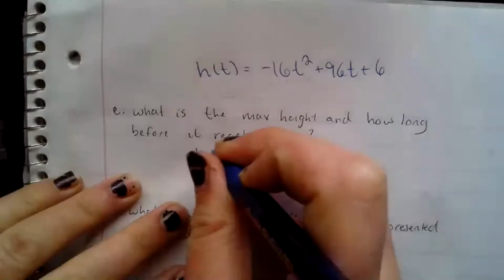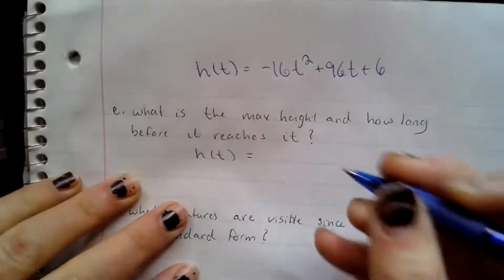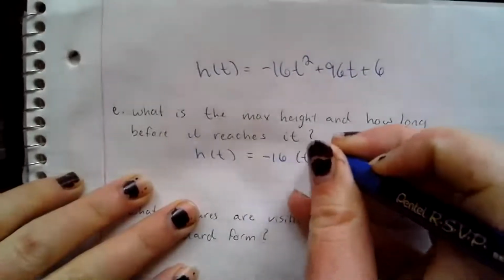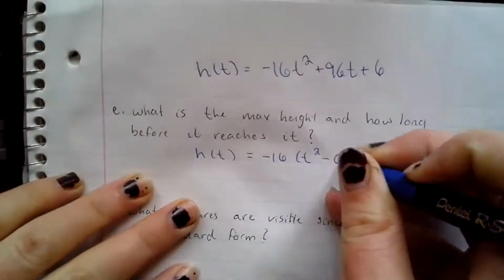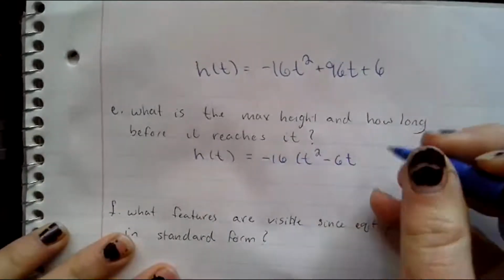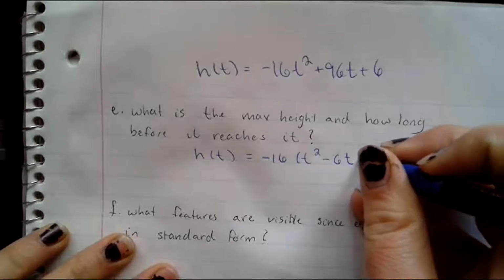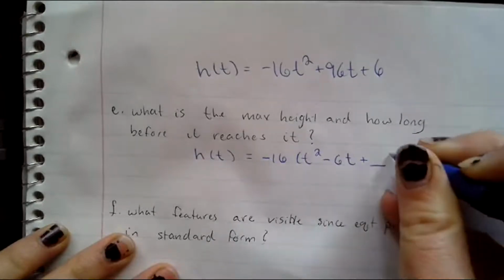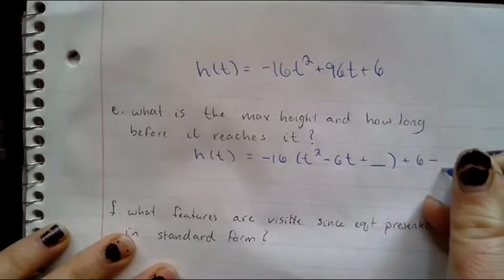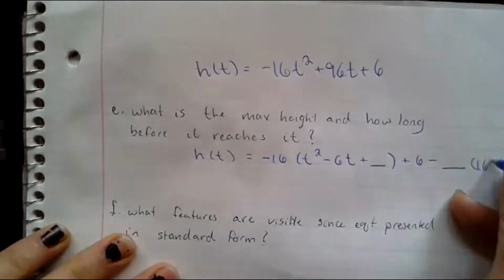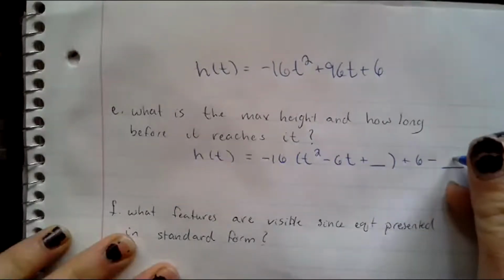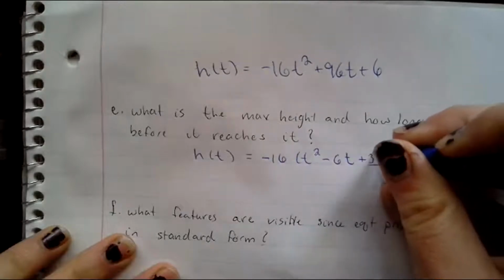So we have h of t equals negative 16 t squared minus 6t plus some number, plus 6 is out here, and then minus whatever that number is times 16. So we knew that it was 9 or 3 squared.